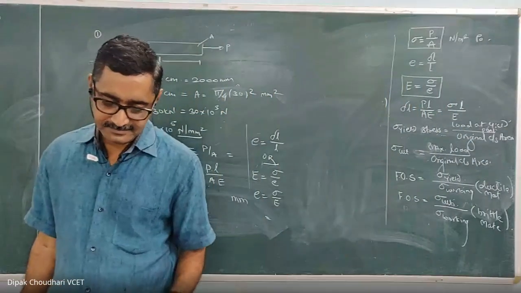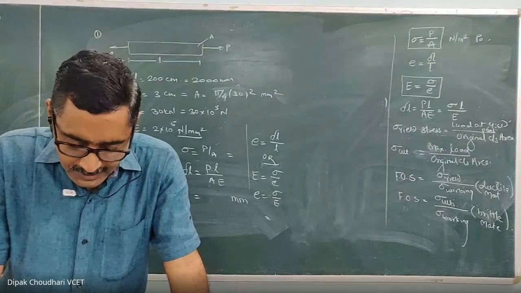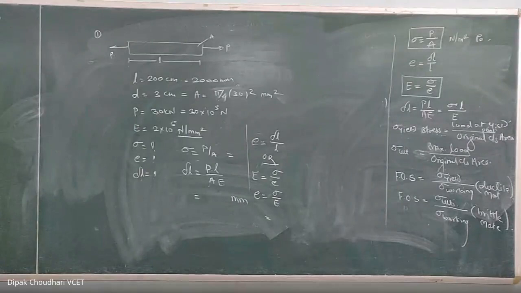Got the answer? Stress is 42.44 and e is 0.0000212. Unmute yourself and tell me. Tell me the answer. Stress calculated.